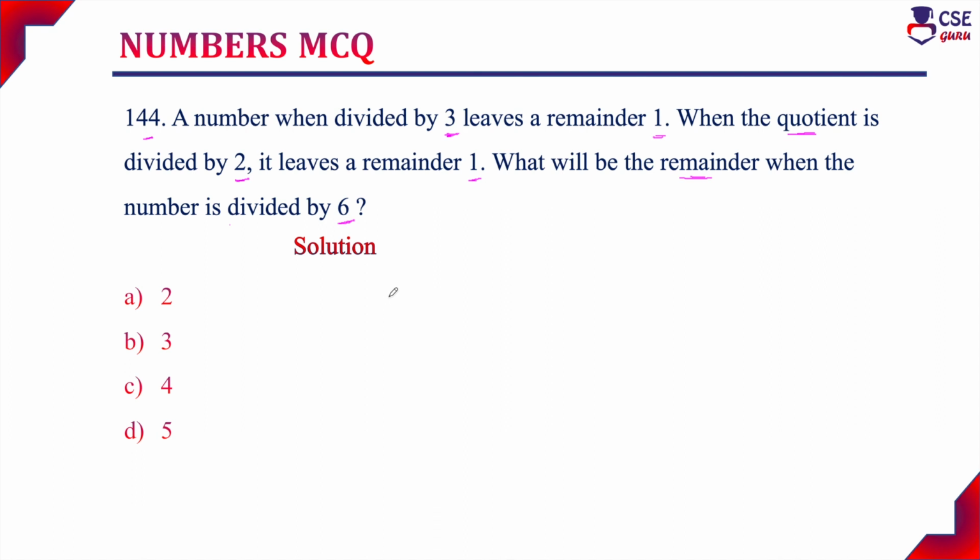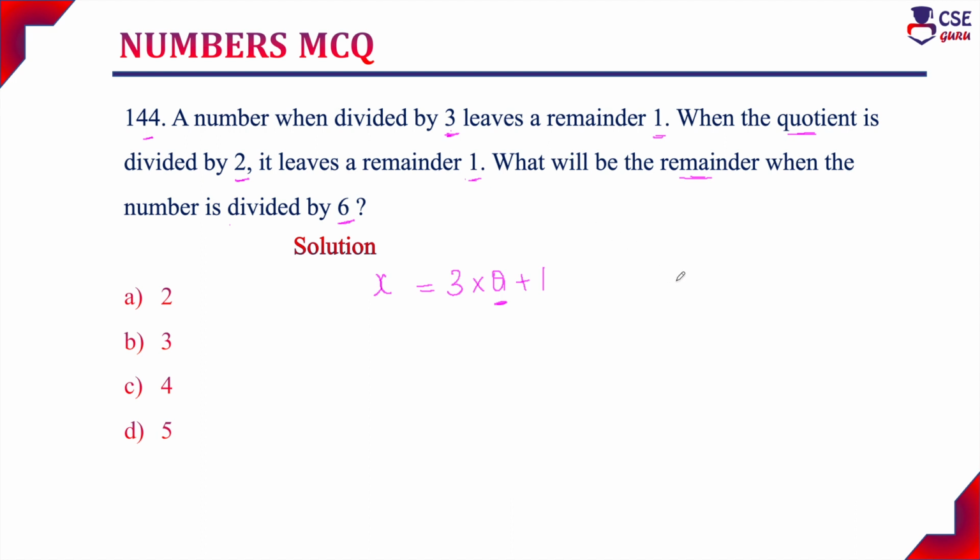So dividend is divisor into quotient plus remainder. Here we don't know the dividend, so consider the dividend as x. When it is divided by 3, we don't know the quotient, so x is 3q plus remainder 1. Again, when this quotient value is divided by 2, remainder is 1.